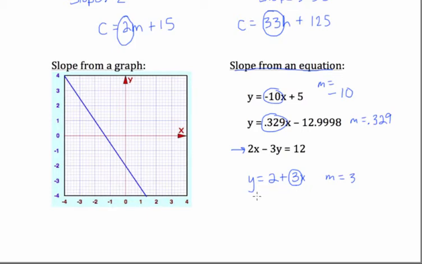How are we going to find the slope? Well, you need to get it into slope-intercept form in order to find the slope. So I will want to get y by itself, just like we were doing when we were graphing these. Divide each term by negative 3 to get y by itself.